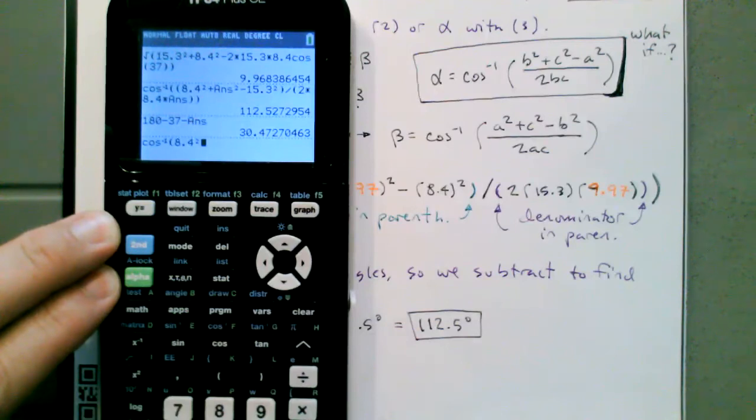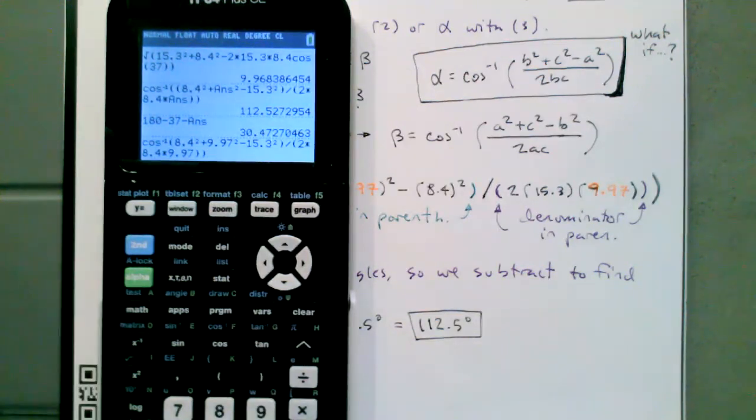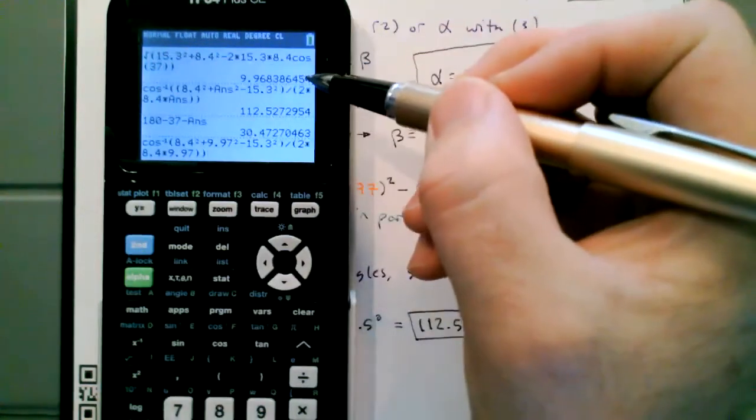8.4 squared plus 9.97 squared minus 15.3 squared. Close the numerator, divided by, open the denominator, 2 times 8.4 times 9.97. Close the denominator, close the cosine. Here I've used 9.97. I've rounded to the nearest hundredth instead of using all these digits.